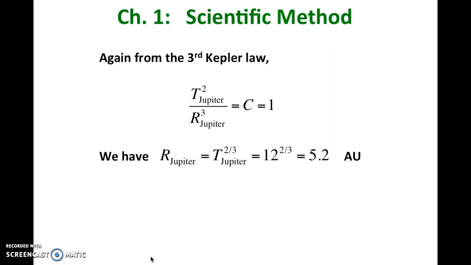Substituting 12 years for Jupiter's period, we have Jupiter's average distance to the Sun equal to Jupiter's period to the power of 2/3, equal to 12 to the power of 2/3, equal to 5.2 AU.